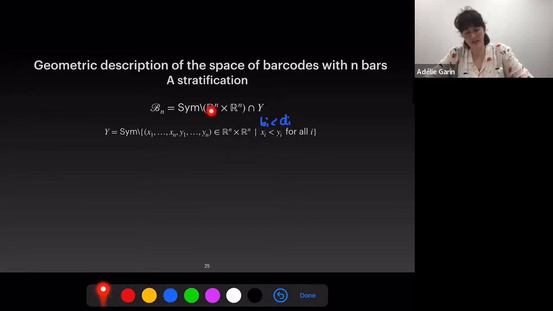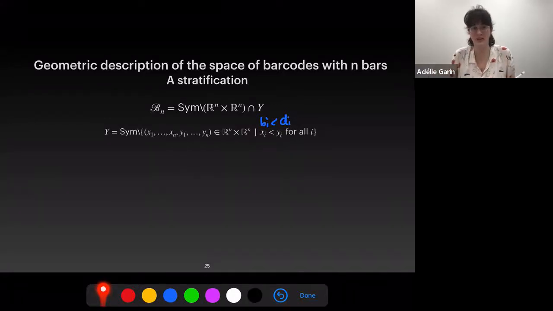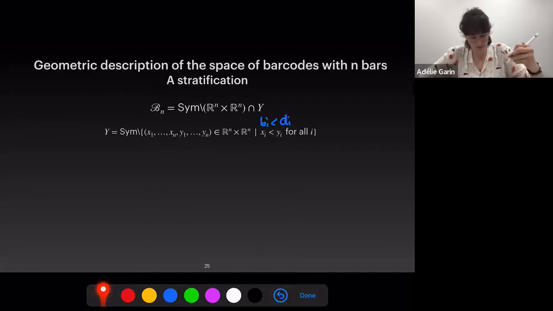So Bn is just this space quotiented by the symmetric group. It's not the same symmetric group as before. This is a symmetric group that permutes the bars. I said at the beginning, a barcode is unordered, I mean, the pairs are not ordered. So this symmetric group forgets the order of the bars.